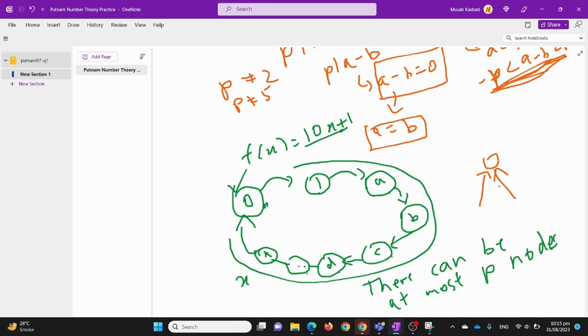But that node has to also come in this path starting from 0. I don't know the best way to describe it, but simply speaking, some node here cannot just link back to a previous node, because any previous node already has another node pointing to it.